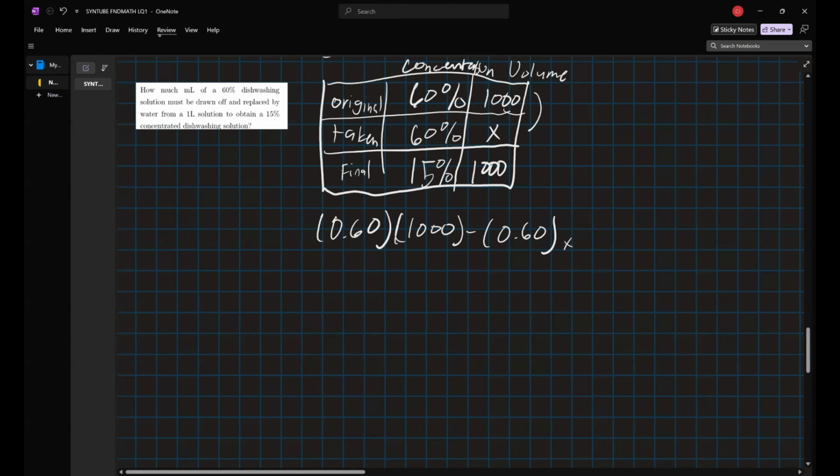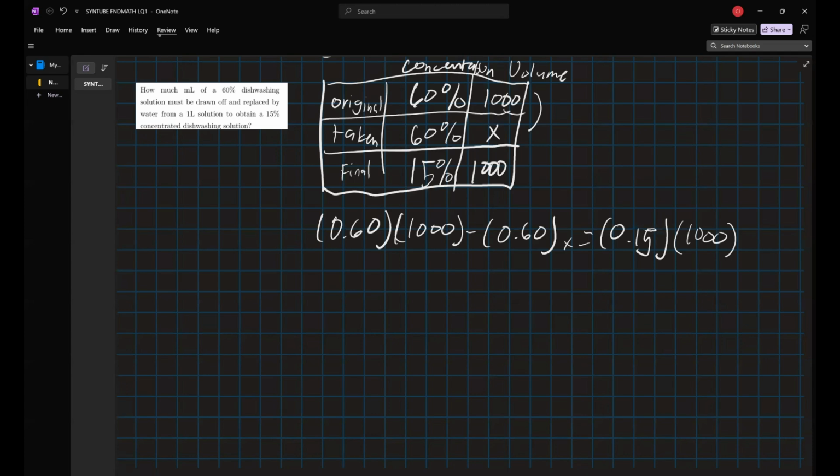So you have to subtract this, which should equal 15% of the 1000 milliliter solution that we want, right? So if you want to make your lives easier and don't deal with decimals, you can just multiply the entire thing by 100.